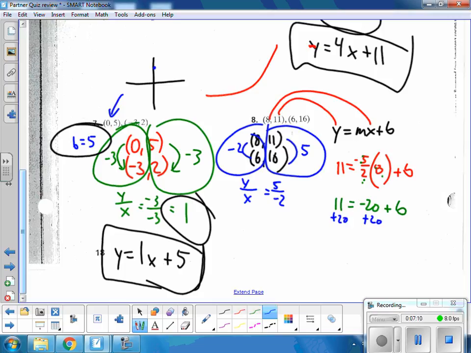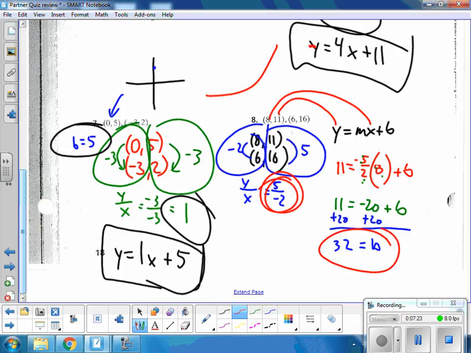And undoing something that's minus or negative is to add. And so I'm left with b over here, and I end up with 32. So I have my slope and my y-intercept, which means y equals my slope of -5/2 x plus 32.